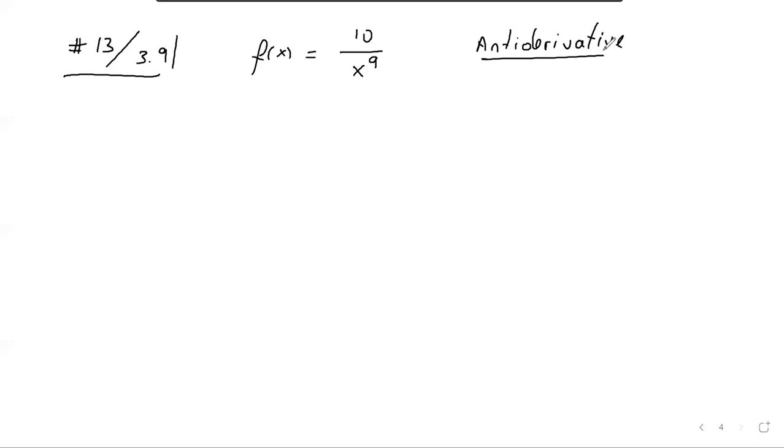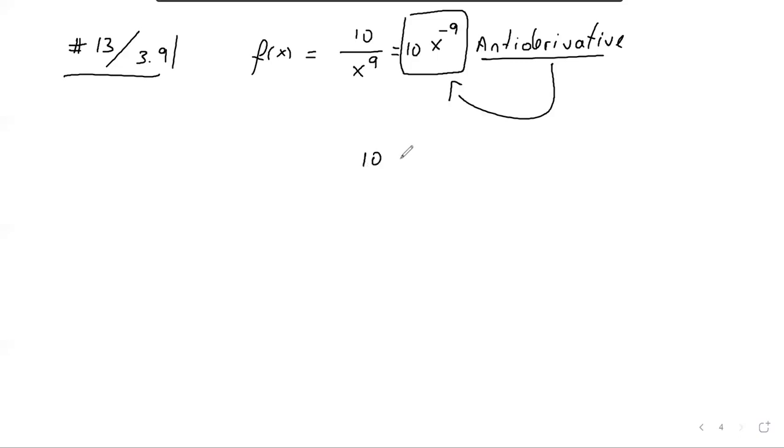So what you do is rewrite this and try to write it as a power of x. It turns out that's not so hard: 10x to the negative 9. That's not the answer to the problem, folks, that's the rewriting of the question. I still have to do the antiderivative of this, which is much easier than the one I started with.